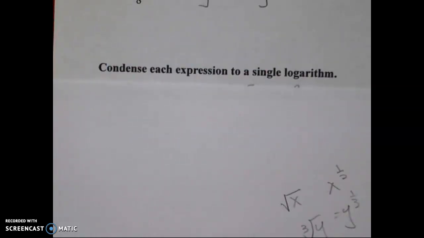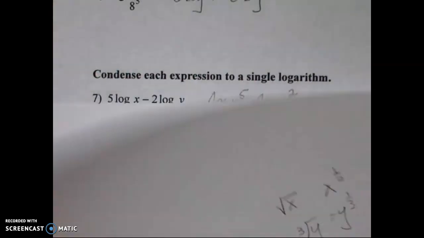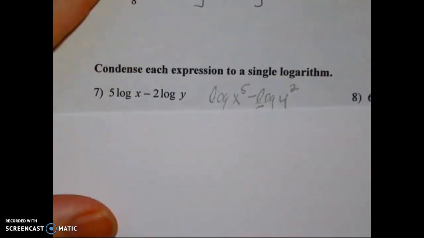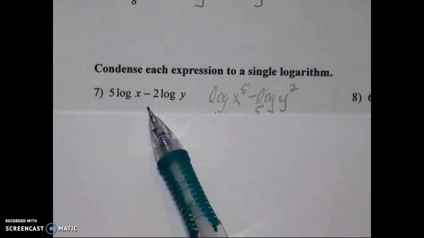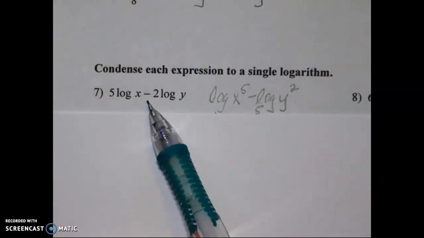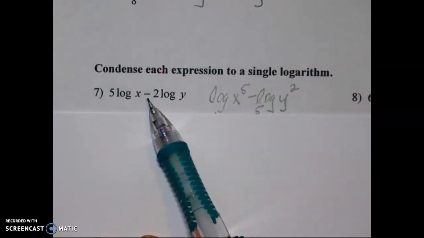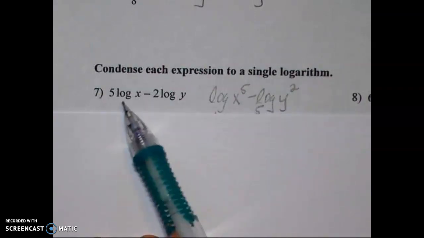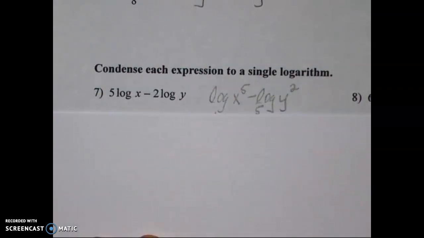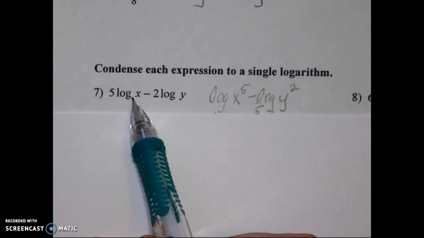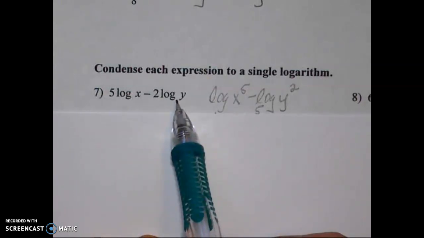You can also condense, making it smaller. So when you're given something in addition or subtraction form, you can condense it so that if you're writing a single log, you want to write the word log one time. Now this log has a subscript of 10, but we don't have to write that in there.